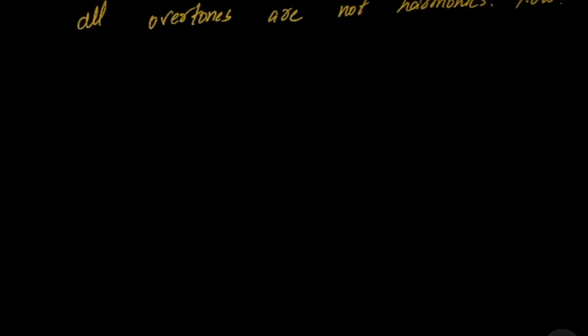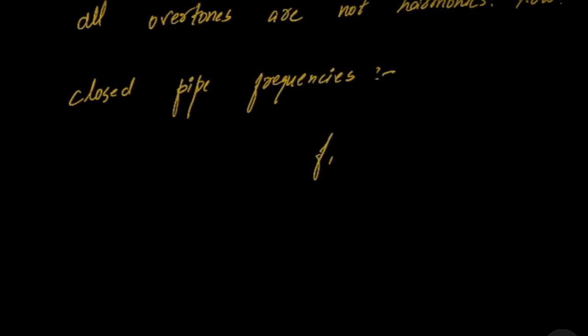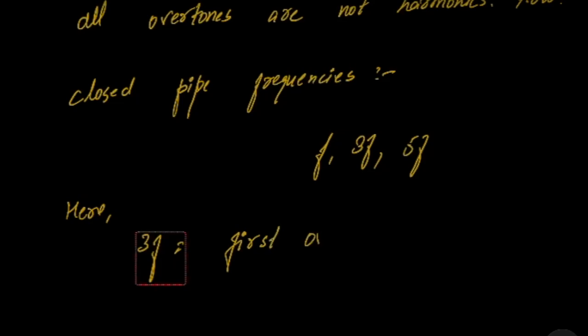Okay, just write it. So for a closed pipe, the frequencies are F, 3F, 5F and so on. And here 3F is the first overtone, and it is also a harmonic.